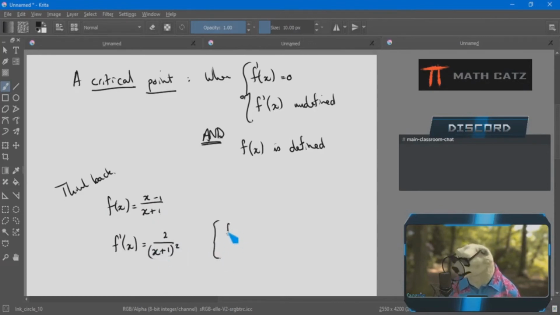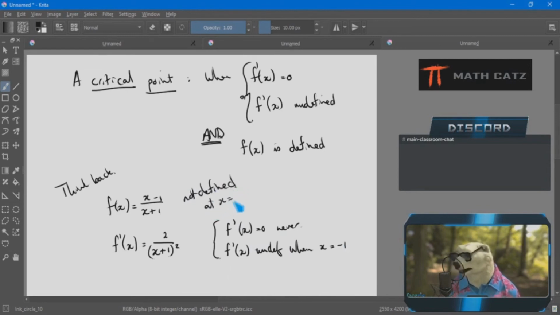So when we then did our derivative equal to 0, we found never. Our derivative undefined, yes, that was when x was equal to -1. This, however, is not a critical point because the function is not defined at x equal to -1. The original function has a problem there as well. It was a vertical asymptote, right?